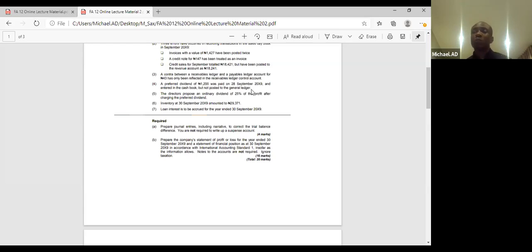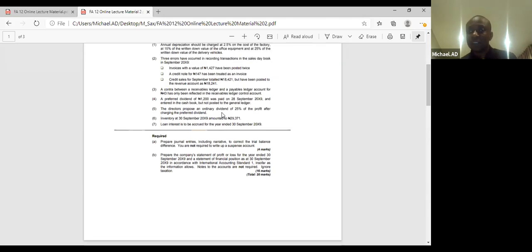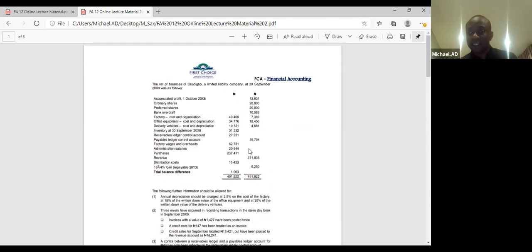So what do we then do? Because the money has left the cash book, we've credited our cash book, then there should be an account that is supposed to be debited. So which is the preferred dividend? Dividend of 1,200 should be debited, and the trial balance should be credited. Note that all these adjustments that we just made here need to reflect in this figure going forward.